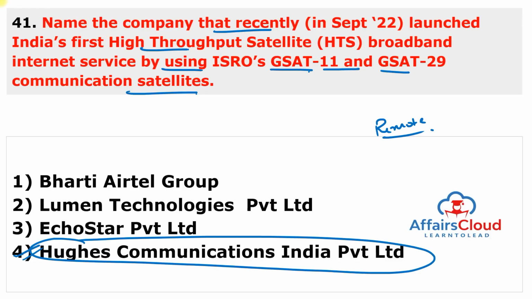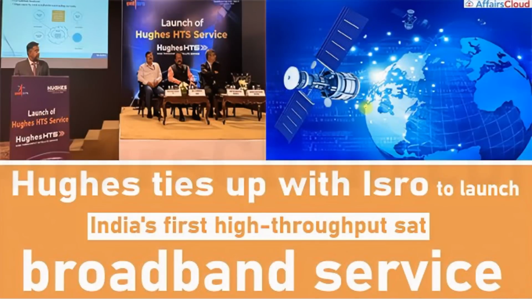This service is provided using the Indian Space Research Organisation or ISRO GSAT 11 and GSAT 29 communication satellites. The service combines Ku band capacity from ISRO satellites and the Hughes Jupiter platform ground technology to deliver high speed broadband. So Hughes ties up with ISRO to launch India's first high throughput satellite broadband services.